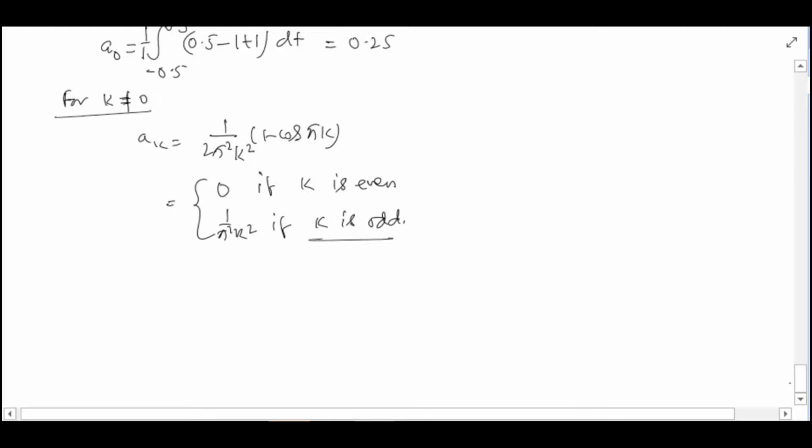Now let us look at a more fundamental question. In particular, let us recall the definition of Fourier series.